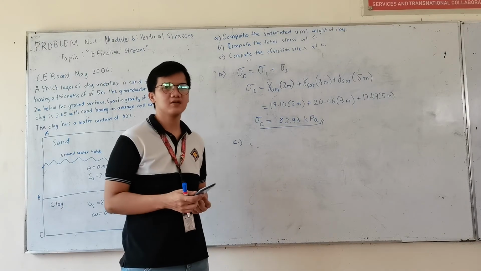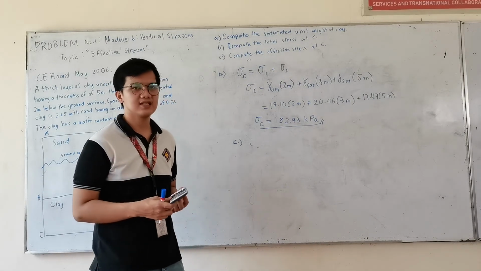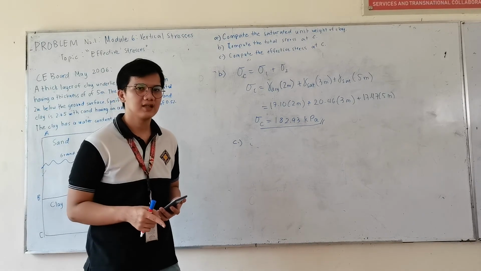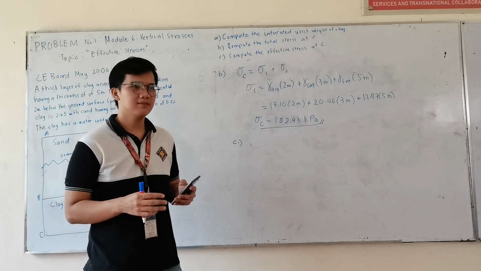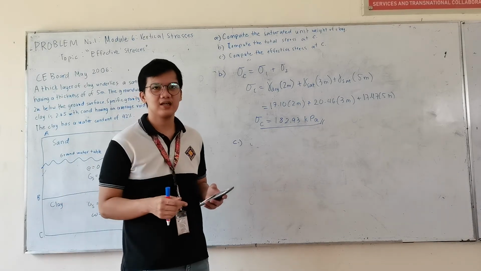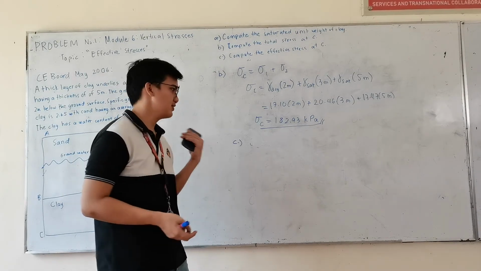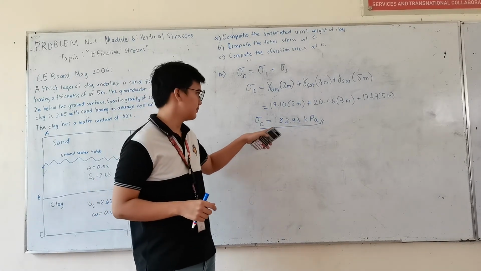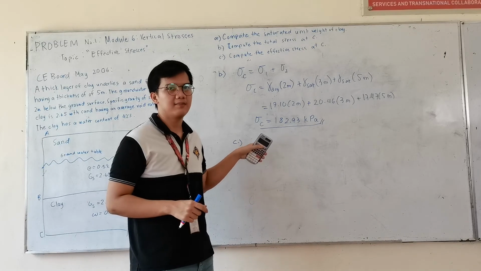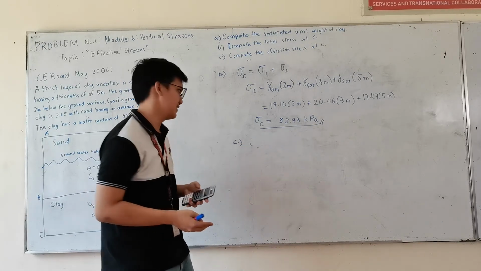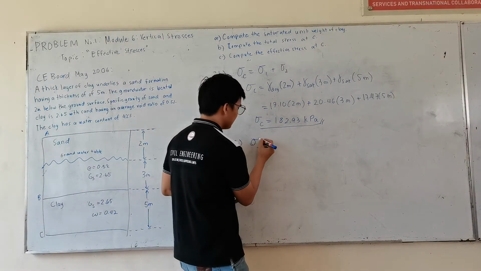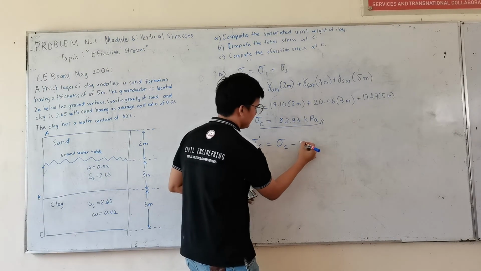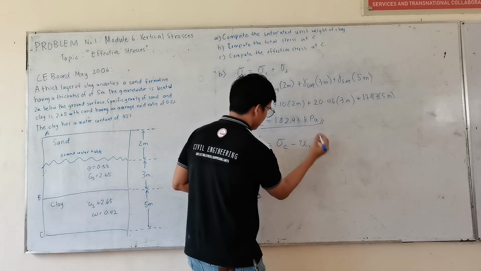Sabi ko kanina, ang principle ng effective stress is kapag ang saturated soil natin is loaded, i-absorb ng water doon sa soil profile natin yung portion ng load. So, ibig sabihin, ang present na total stress natin sa lupa, mababawasan siya ng pore stress. So, effective stress at C is equals to total stress at C minus the pore stress at C.